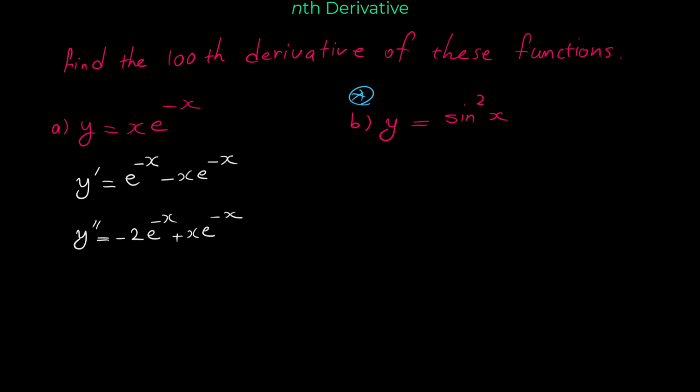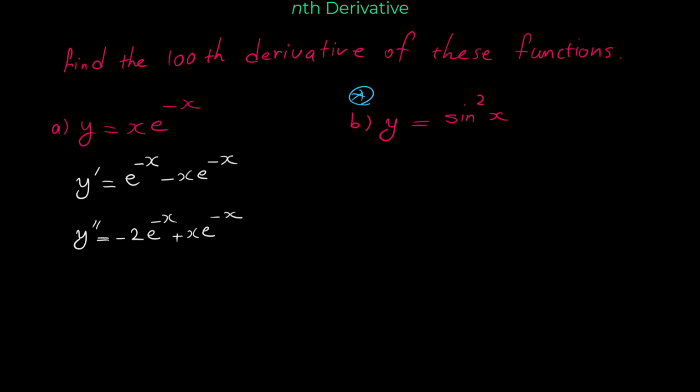Maybe you can find the third derivative without taking any derivative. Look at the pattern. In the first derivative we got e to the negative x. In the second one we got negative 2e to the negative x. And in the first derivative we had negative x e to the negative x, and in the second one we have positive x e to the negative x.